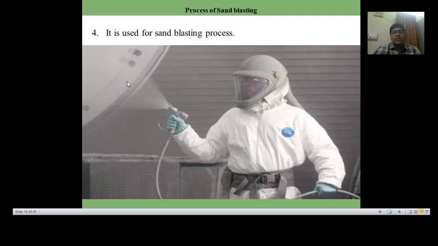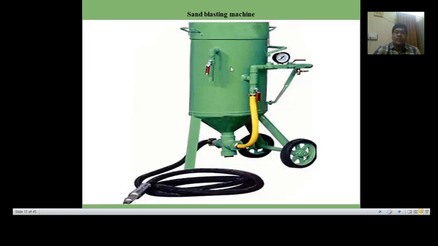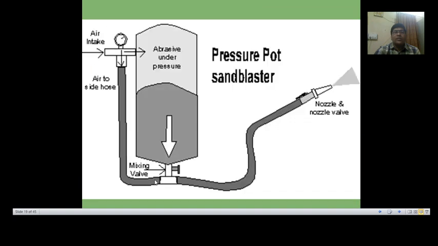This is the sand blasting machine in which the sand is stored, and simultaneously, at a certain pressure, the air is blown. The sand will come down with the air pressure through this pipe and come out at the end. Here the sand comes down through a narrow nozzle, and the air comes with speed.